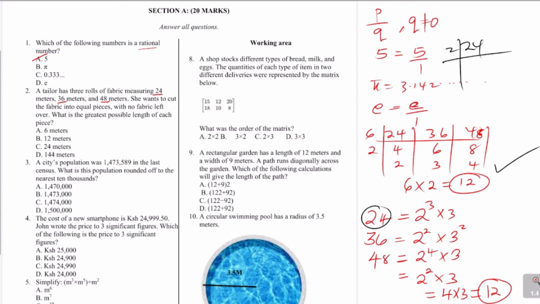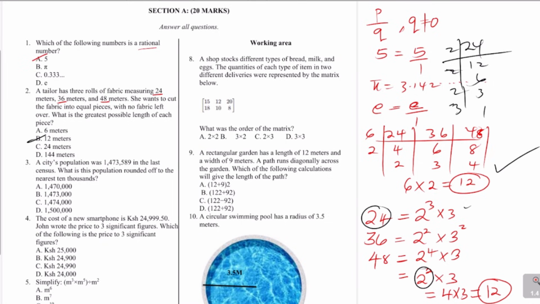You can divide this by 2, 12, by 2, 6, by 2, 3, then by 3, 1. That is how you came up with 2 cubed multiplied by 3. So you do that, and then you identify what is common in all these. 2 cubed, 2 squared, 2 raised to power 4. 2 squared is common. 2 squared is found in each of these. Then for 3, what is common? 3 power 1 is common in all these. So the solution there is 12 meters.